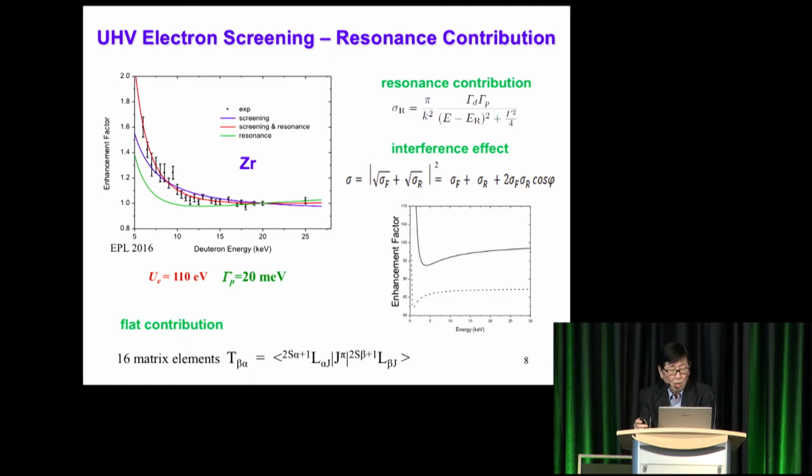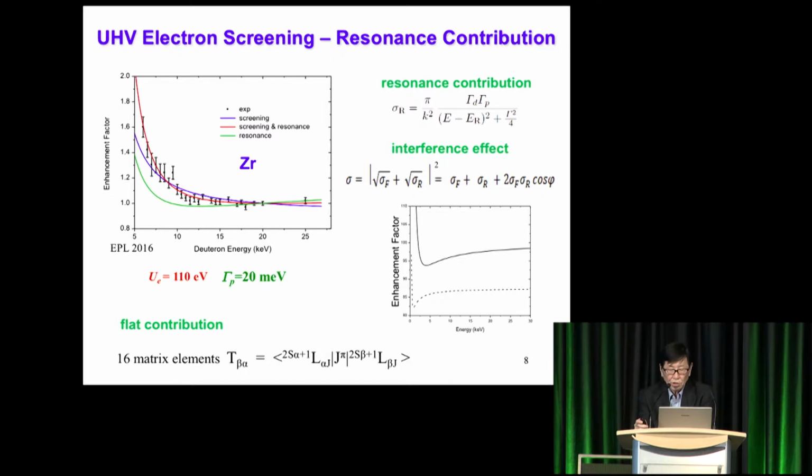Here, then, we introduce a resonance. We assume a 0 plus threshold resonance with a dominating deuteron partial width. That is almost a single particle resonance. The non-resonant flat contribution can be described by 16 transition matrix elements determined from the experiment.